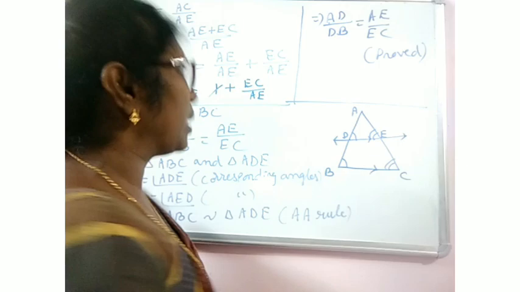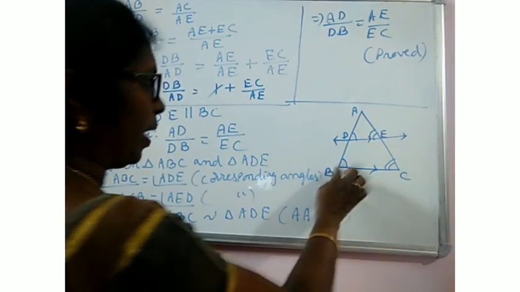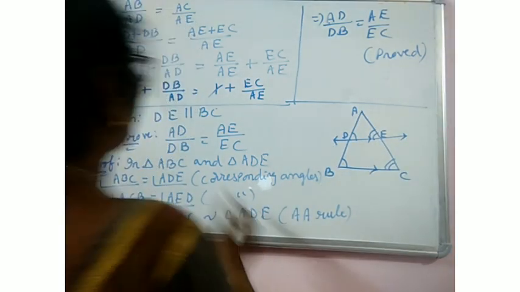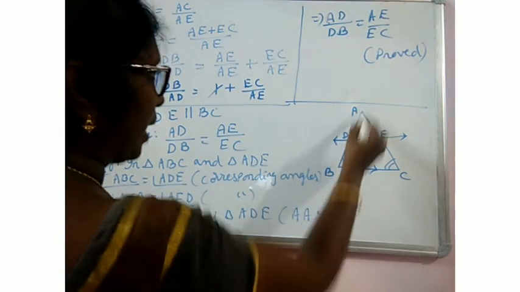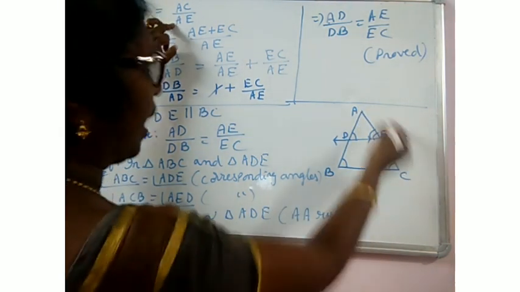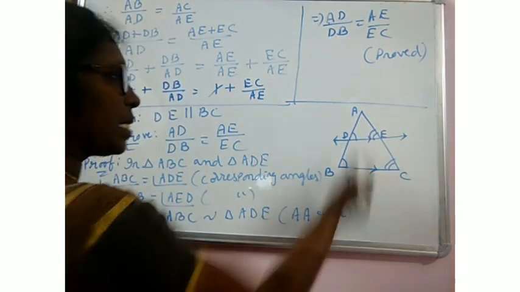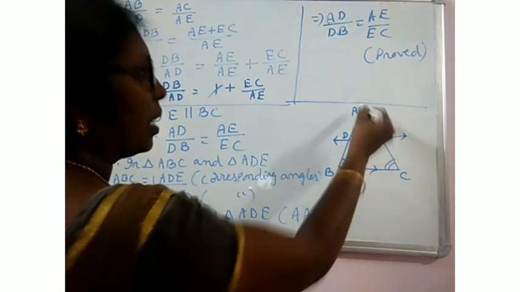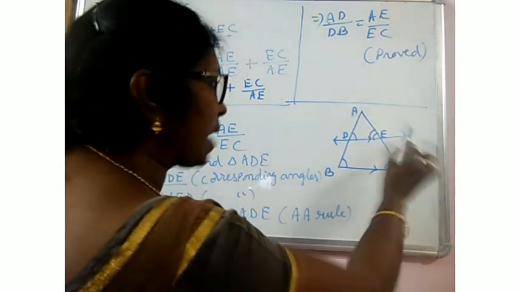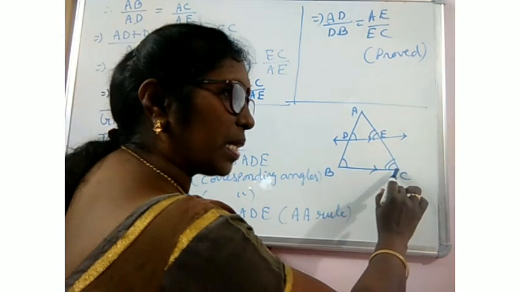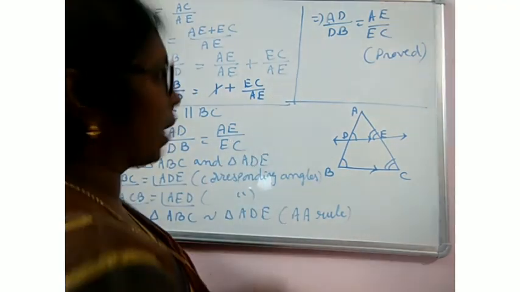And here, not only AD by DB equal to AE by EC, already you got AB by AD equal to AC by AE, or we can say AD by AB equal to AE by AC. That means if a line is drawn parallel to one side of a triangle, many things we can show.